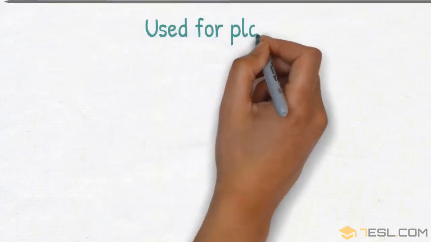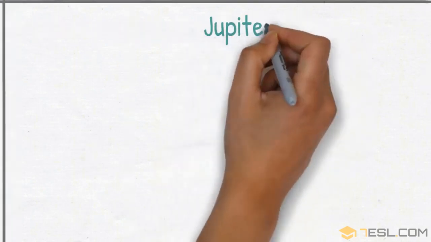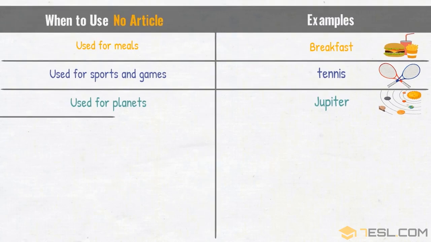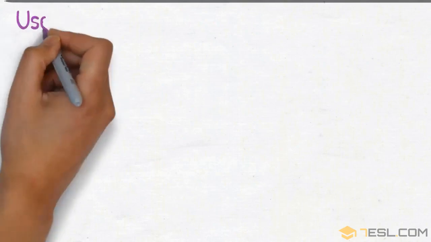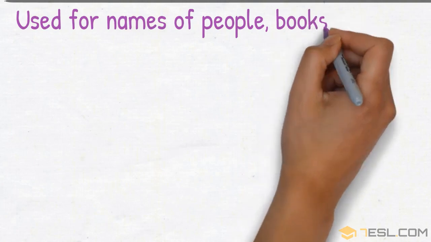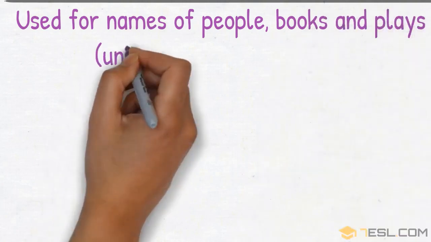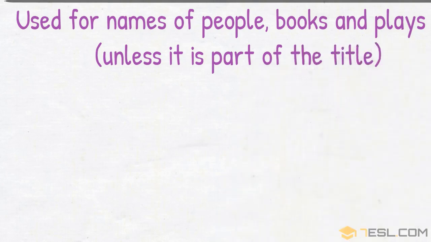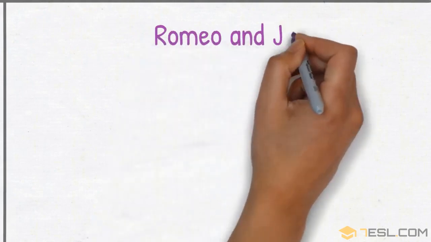Used for planets: Jupiter. Used for names of people, books, and plays, unless it is part of the title: Romeo and Juliet.